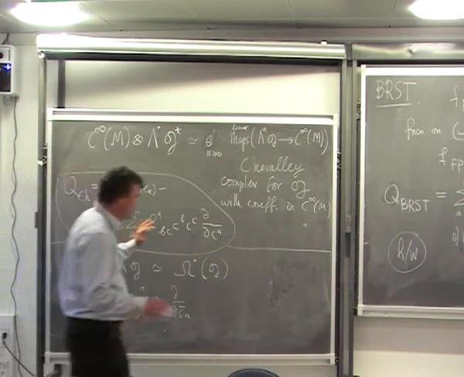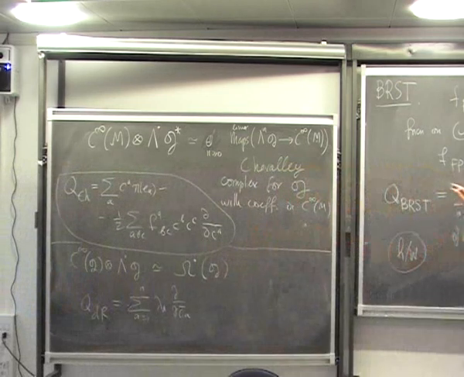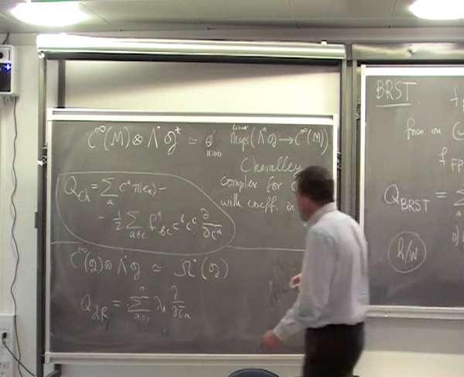I think it's more important just to have the structure. Somewhere I made a mistake: somewhere it's G star instead of G and G instead of G star.